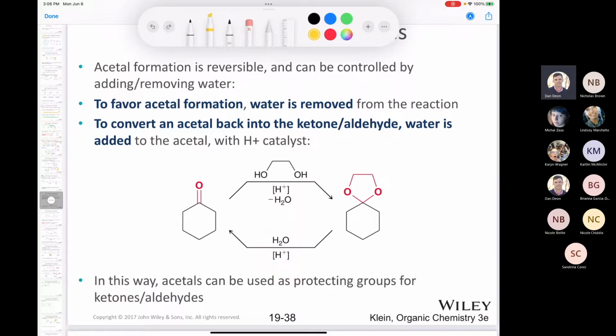And that way, an acetal can be used as a protecting group. Remember, a sulfonic acid wasn't a protecting group because it didn't mask a functionality, but this is the second protecting group you've learned in the entire course. The first one was a silyl ether on an alcohol that we used when we did Grignard chemistry, and now you have the acetal.